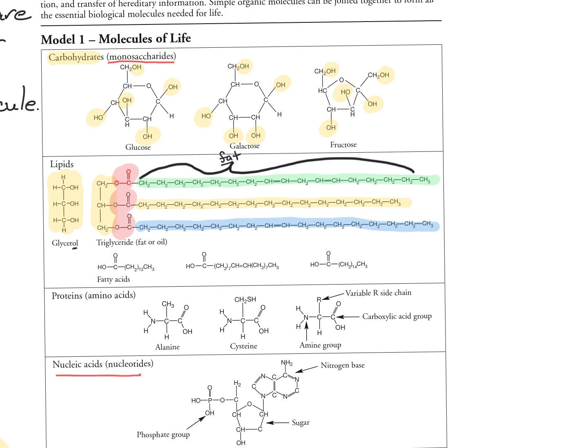connected to a glycerol. 3 fatty acids connected to glycerol using the carboxyl group. What do you think we call it when you have 3 fatty acids connected to a glycerol? It is a lipid, but what do we call it?